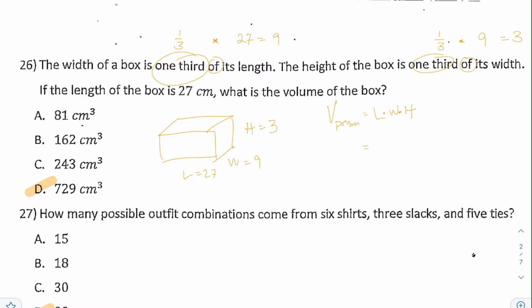So in this case, when you find the volume, you'll be doing 27 times 9 times 3. That's really 27 times 27, or 27 squared.